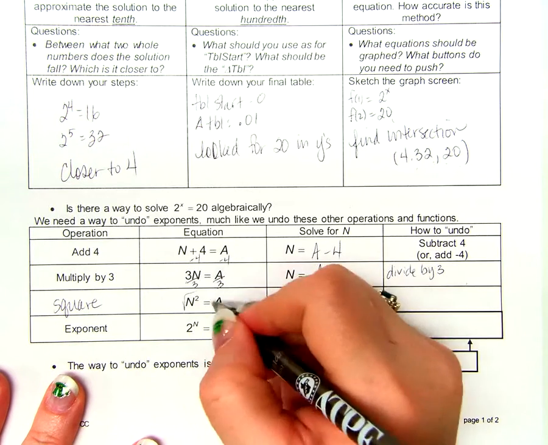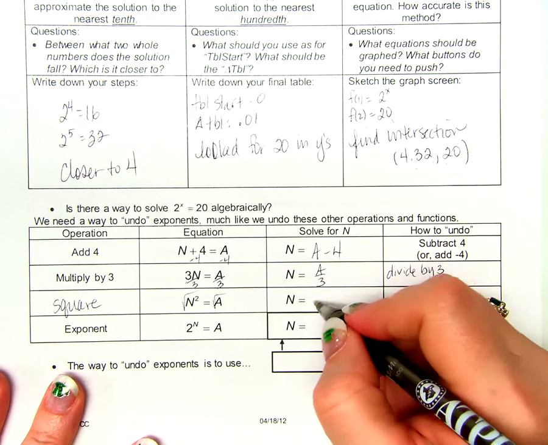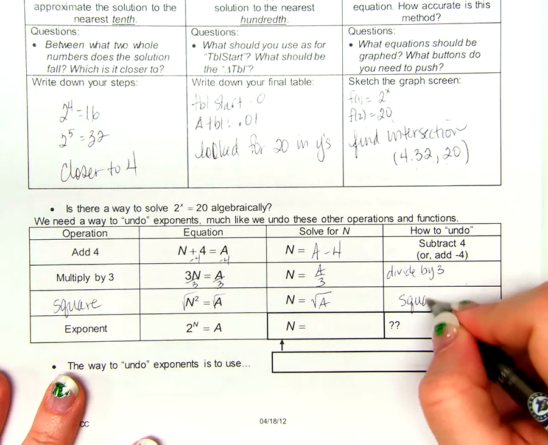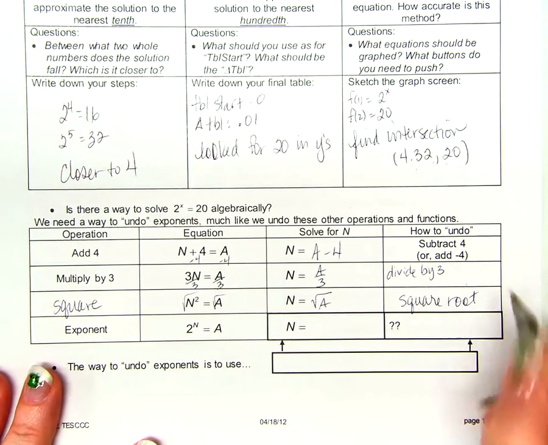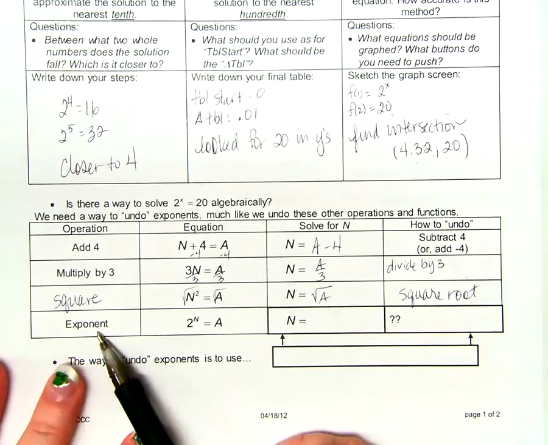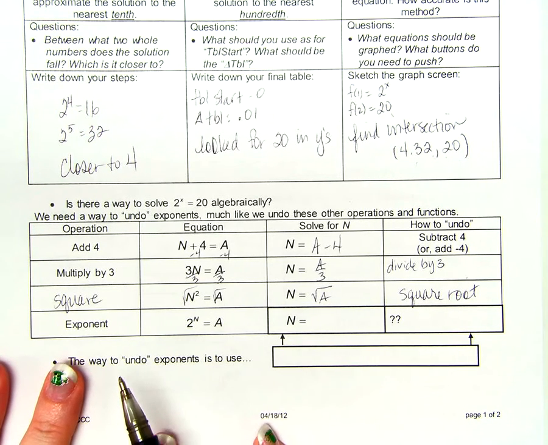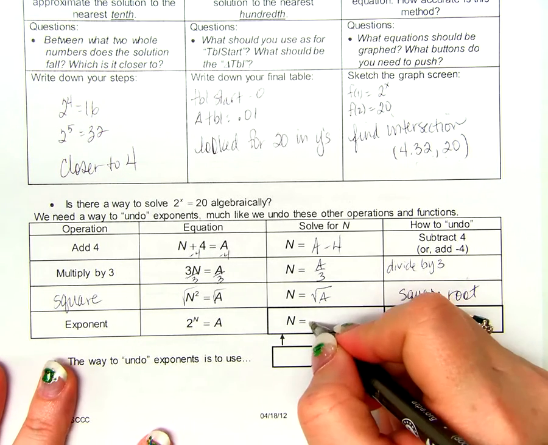And so we would undo it, and it would be the square root of a. So here's an exponent. How do we solve for n? This is new. Okay? Watch what it looks like.